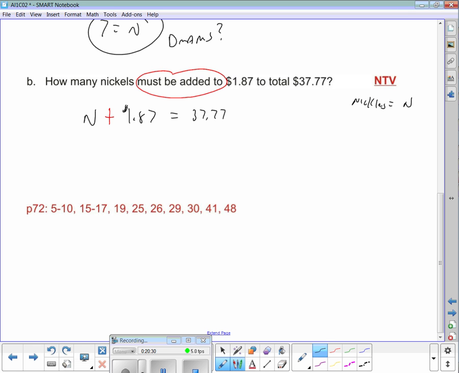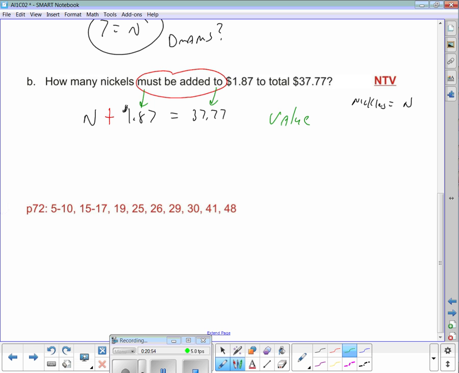Anybody ever had 0.9 of a nickel? Okay. What's the issue here? Why do we have a problem? Nick? No, it's not a round-off issue. Anybody see the issue here in this problem? Okay. The issue is a value issue.